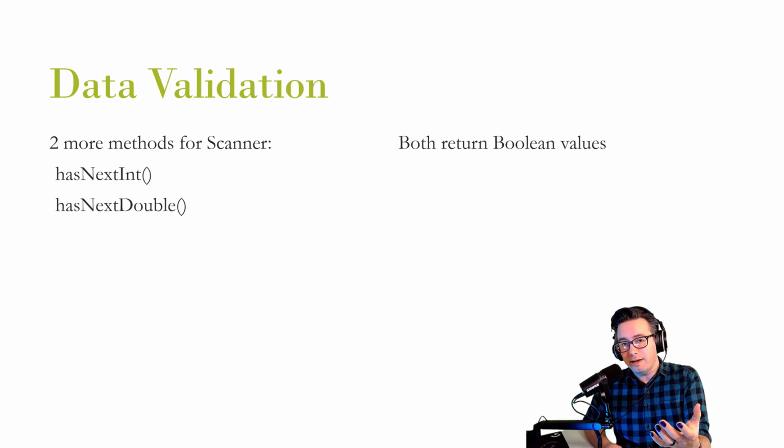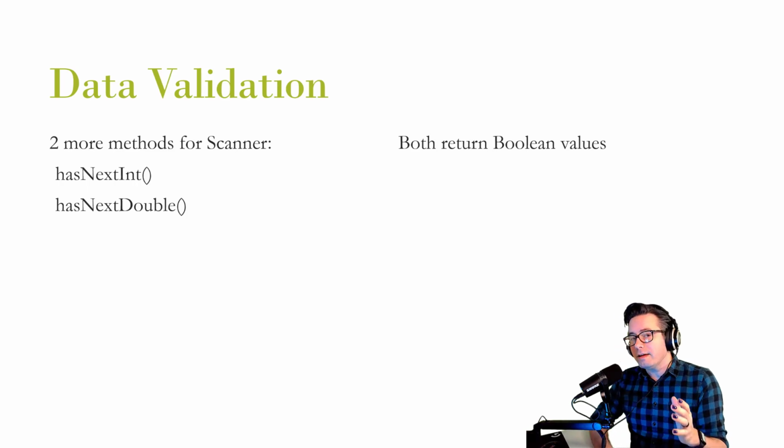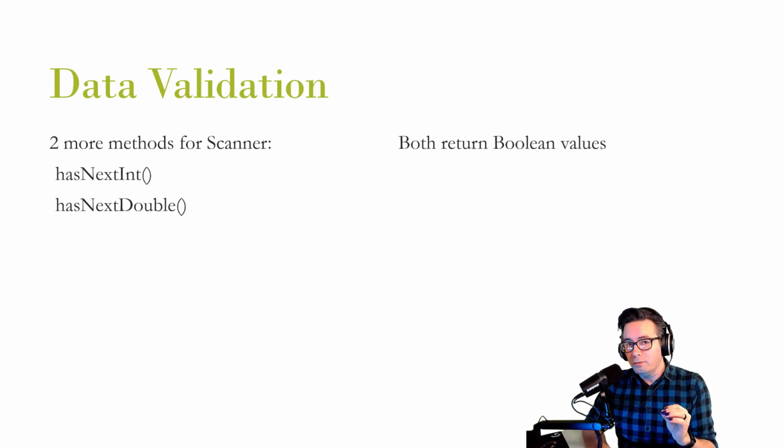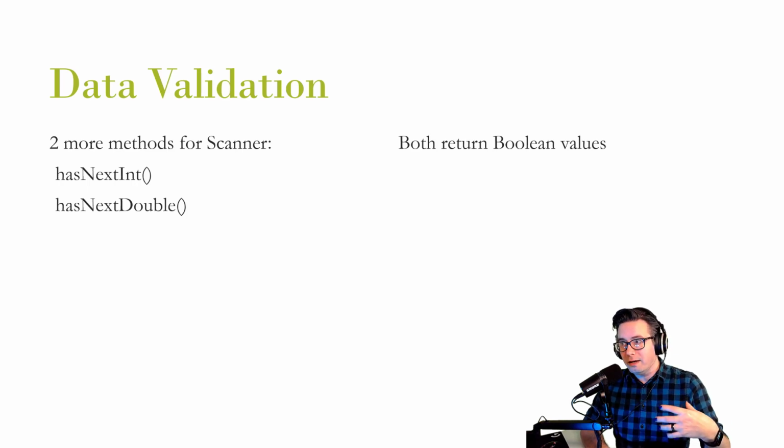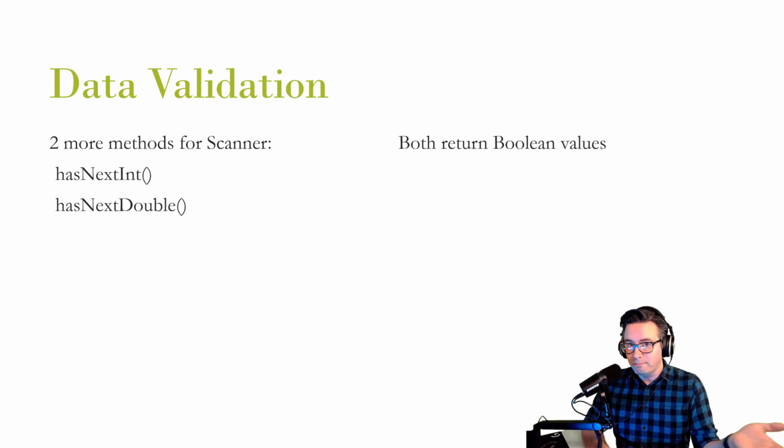So if it says run a loop for only ints and stuff like that, what I'm trying to say is that you can safely assume that the user is going to try to follow the directions as best as possible. Any sort of data validation that you have to do will be requested in the directions. It's not going to be assumed that the user is going to actively try to break your code unless it says that they will. Okay.